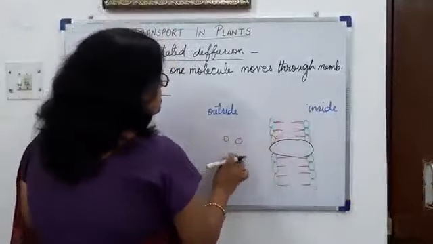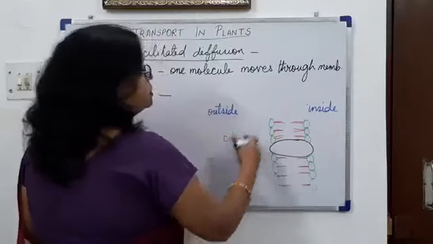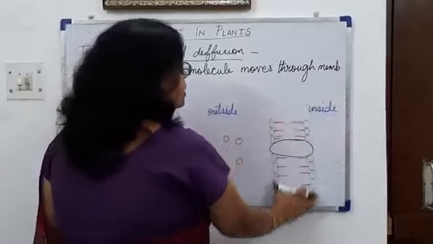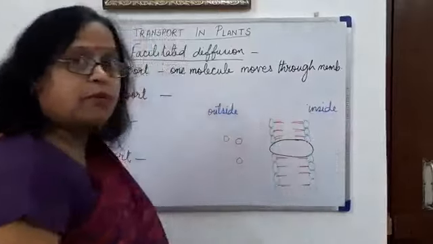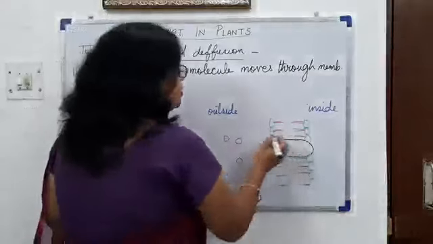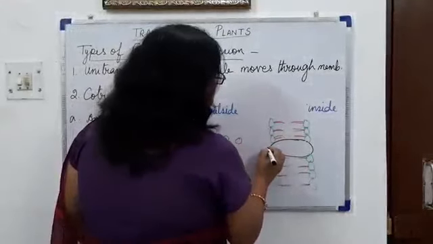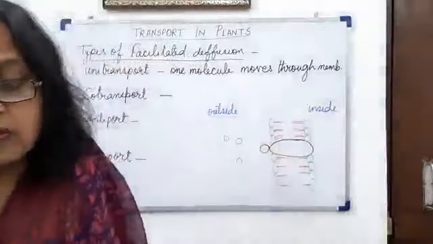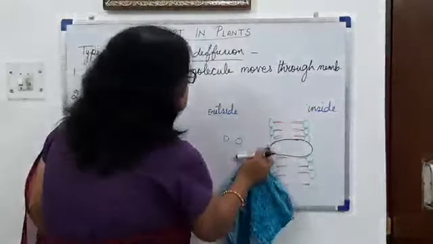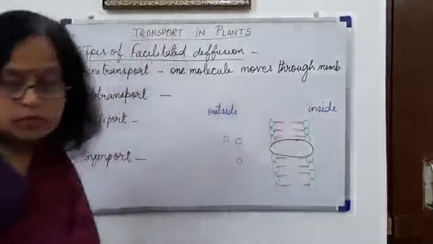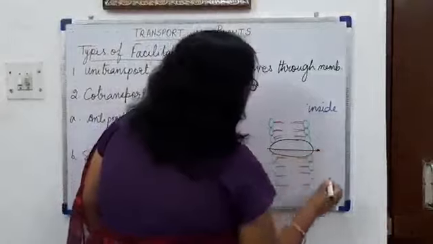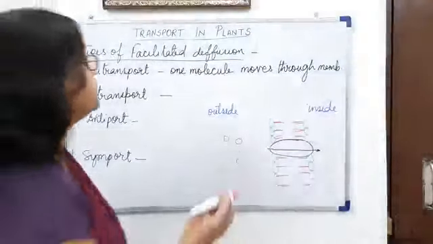Suppose these are the molecules which are to be transported from outside to inside of the semi-permeable membrane. This is the protein. This molecule will bind to it and enter through this protein.